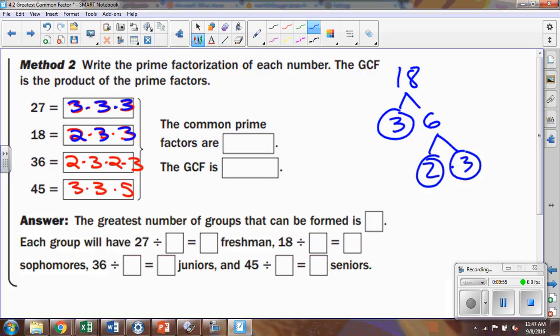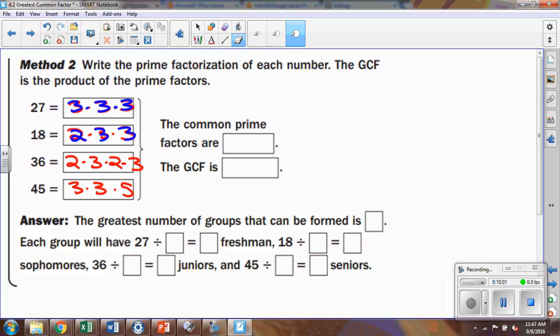As long as you can create the factor tree, you can create the list of prime factorizations. I will admit my personal preference is this method as opposed to the list method, in large part because I don't have to spend as much time writing. It's easier for me.